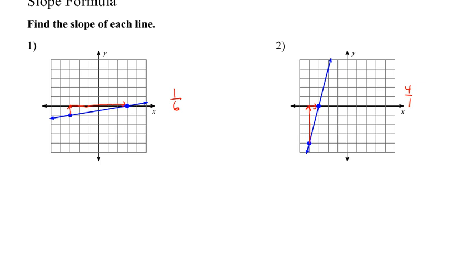But we can use coordinates of these points. The coordinates of this point are 3 for x, 0 for y. And the coordinates of this point, negative 3 for x, negative 1 for y.